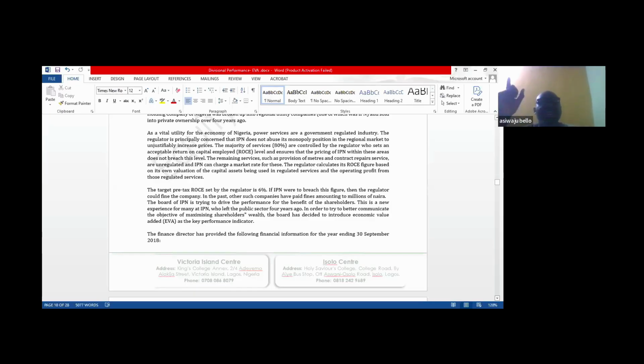This is a new experience for many at IPN who left the public sector 4 years ago, in order to try to better communicate the objective of maximizing shareholders' wealth. The board has decided to introduce economic value added as the key performance indicator.